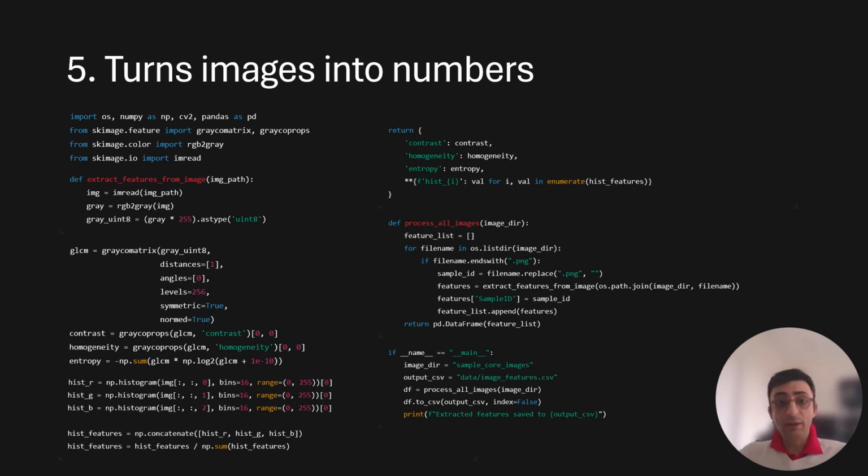For each PNG in sample_core_images, we compute 3 texture metrics from the gray level co-occurrence matrix and a compact color histogram from the RGB channels. The output is a CSV ready for clustering or classifiers.